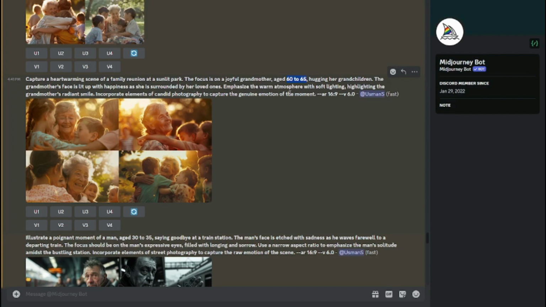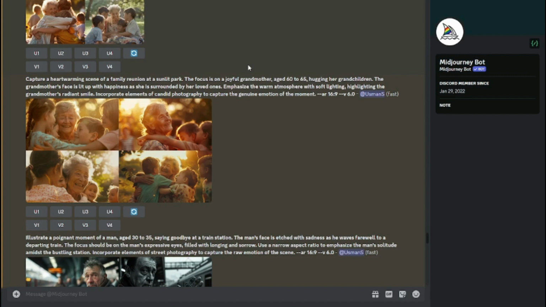Emphasize the warm atmosphere with soft lighting, highlighting the grandmother's radiant smile. Incorporate elements of candid photography to capture the genuine emotion of the moment, and we have taken the parameter aspect ratio 16:9. Take a look at the prompt: I have included happiness, happy, good emotion, love emotion, everywhere in the prompt just to get the perfect output out of Midjourney.